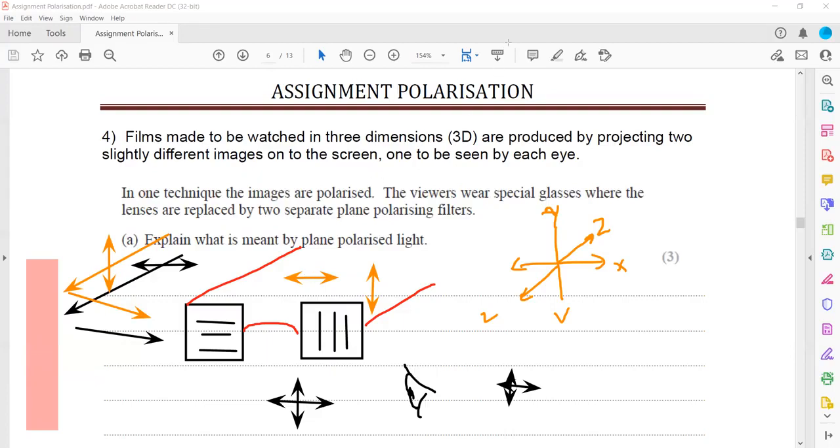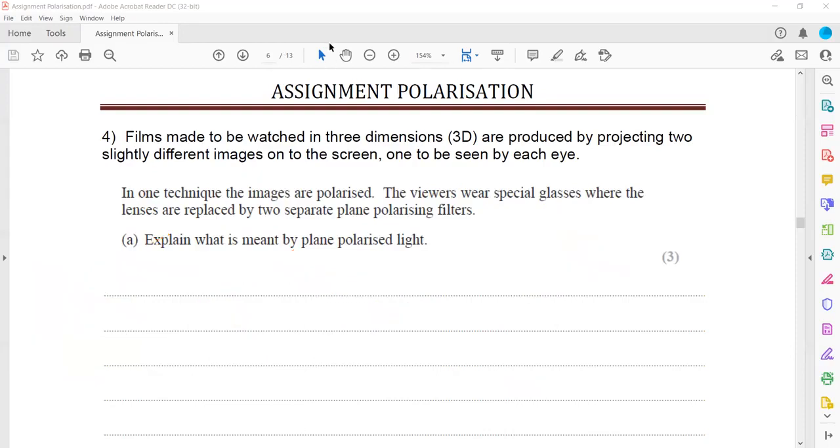So what is meant by plane polarized light? What is the definition of plane polarized light? Again, when they ask for plane polarized light, you have to use the term plane here. Light which has oscillation or vibration in one plane only, and that plane includes the direction of propagation. Because they ask for plane, you should use the term plane here.